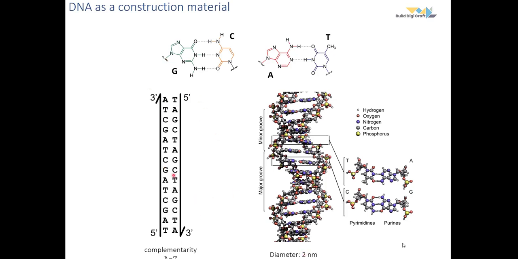Usually when people think about DNA, they think about the double helix, but these base pairing rules give you the possibility to program not only how 2 DNA strands bind to each other, but how 3, 4, and more DNA strands interact with each other.